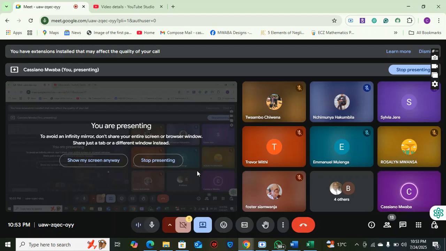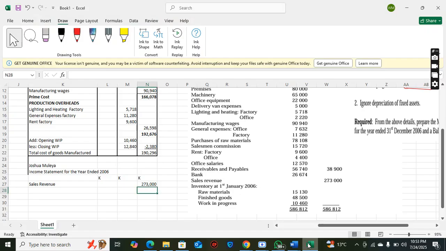That's very correct, sir. Goods that have been brought back by the customer. So if we had return inwards, we would have put it here in the middle. But there's none. There's nothing.